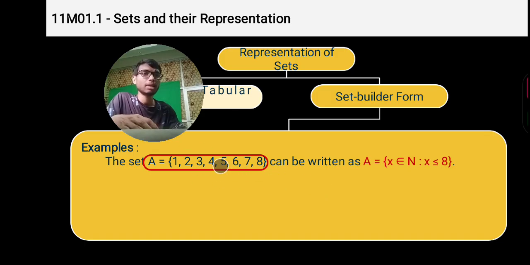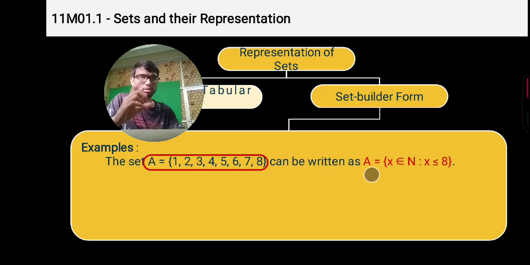So it can be converted into set builder form like that. It is in set builder form. The meaning of this and this are both the same. It is just that one is in tabular form and the other is in set builder form. Both have importance in their own way.